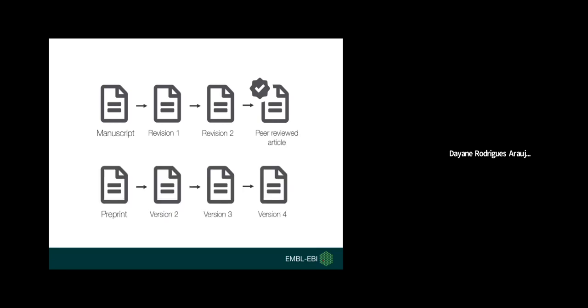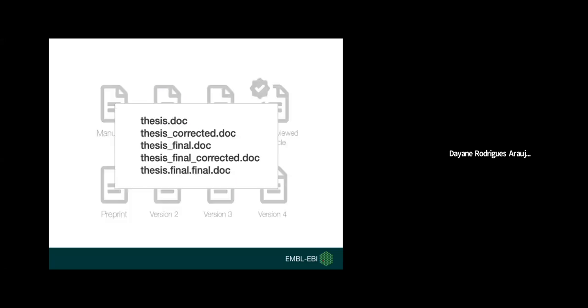So with preprints, you get these different versions of records as they change and incorporate new findings or comments or suggestions from others as well. That's similar to the exchange you do while writing in collaboration with somebody else. For example, this is like a PhD thesis file where each different version reflects the different comments and corrections.